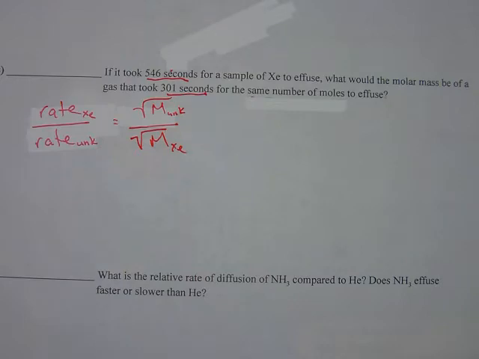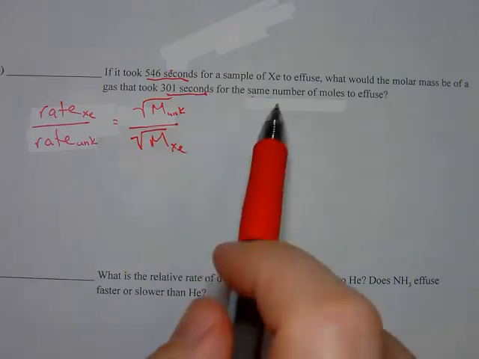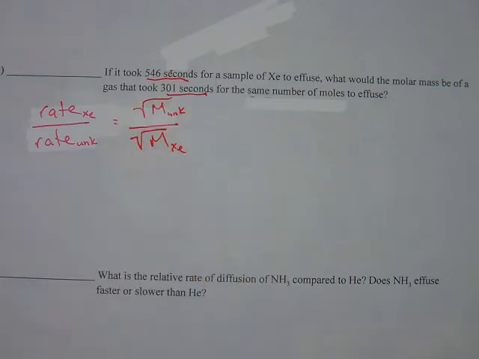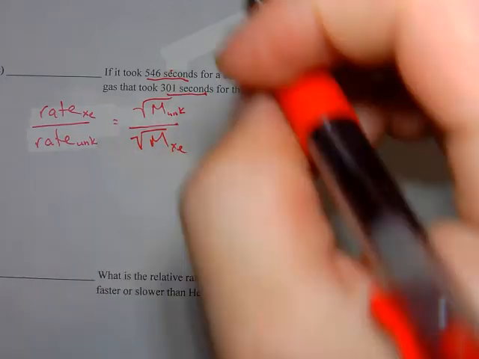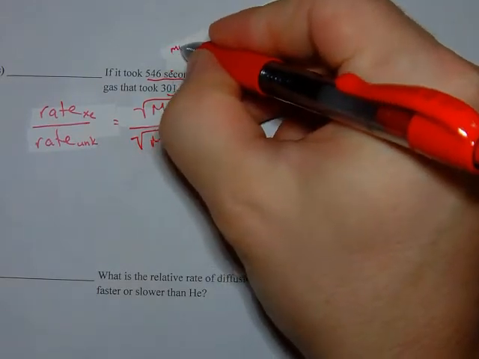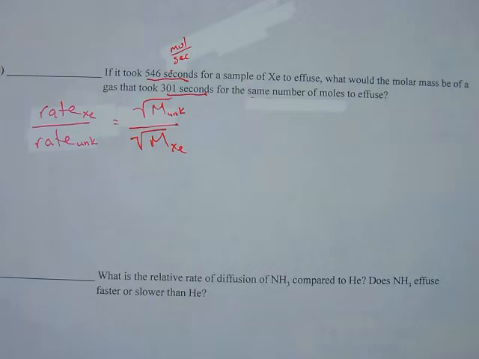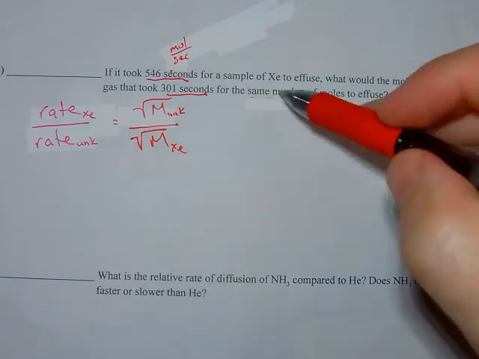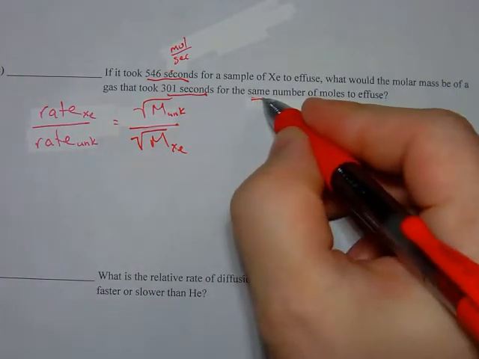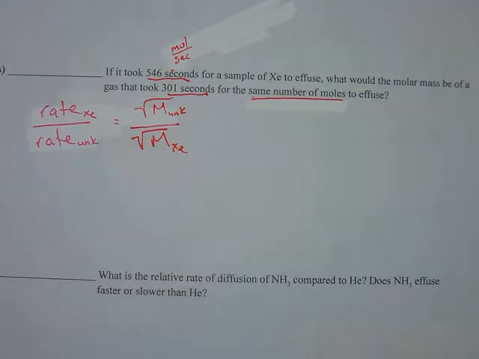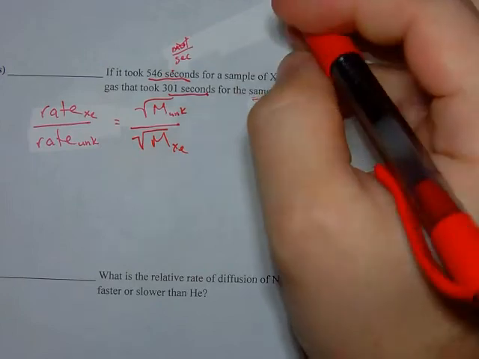So that rate, which in this case is moles per second, moles per second. Now, it's the same number of moles for both substances, and so the number of moles actually cancel out.